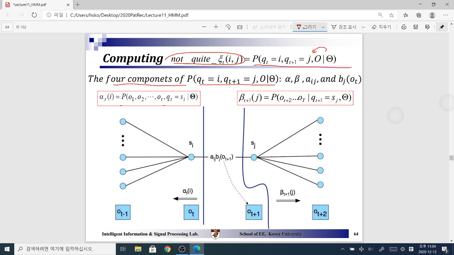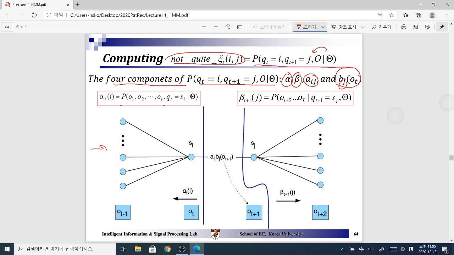The 4 components are alpha, the forward algorithm, beta, the backward algorithm, and A sub ij, which is the transition probability, as well as B sub j of O sub t, which happens to be the emission probability at state j at time t. So that's actually depicted here in this trellis diagram.